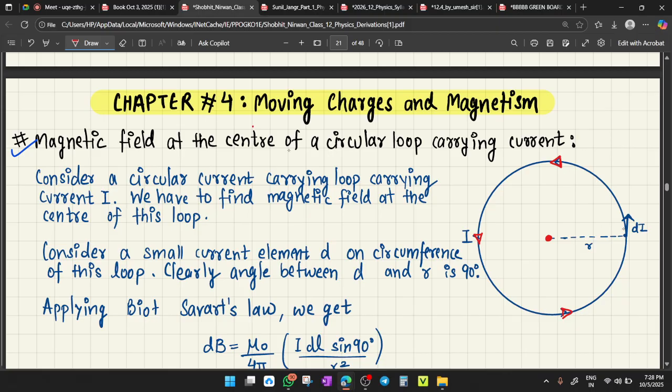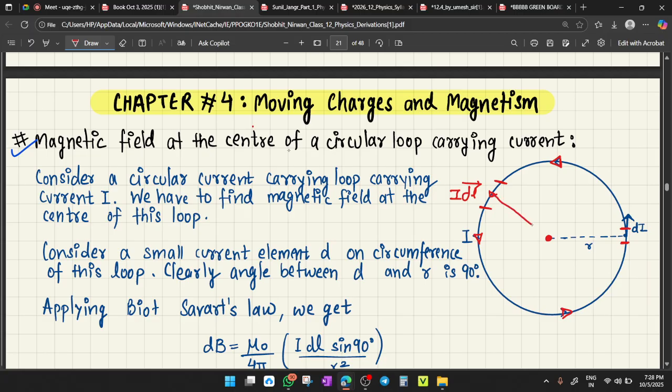Now consider a very small differential length dl on this loop. You can take it on any side. This is the dl vector, so you have considered a current element Idl, and you have to find the intensity at the center.